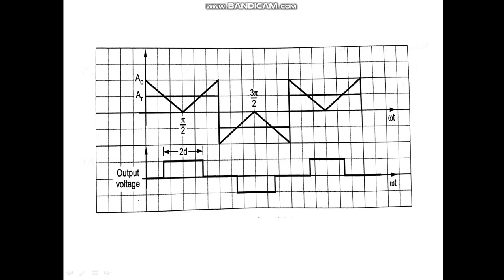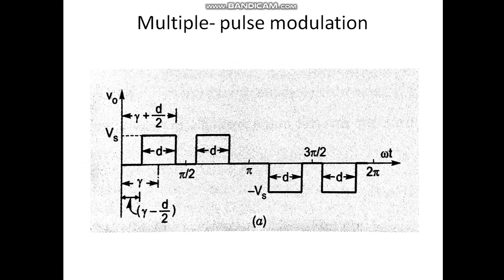If the amplitude of AC is decreased, then the width d will be decreased. If AR and AC are made equal, then the pulse will be a complete cycle. The ratio of AR divided by AC is called the modulation index. When the modulation index is 1, that is AR is equal to AC, we get the maximum width. This is single pulse width modulation.